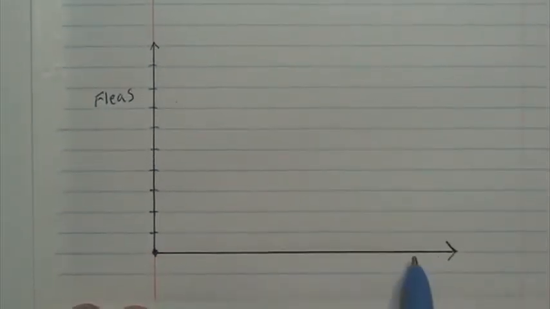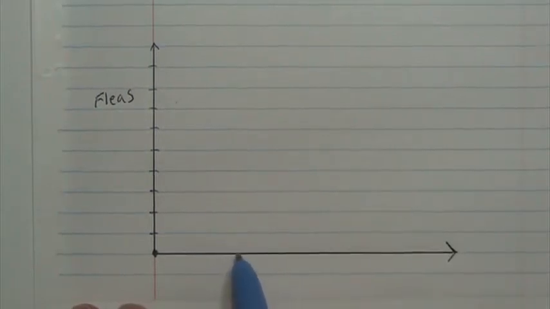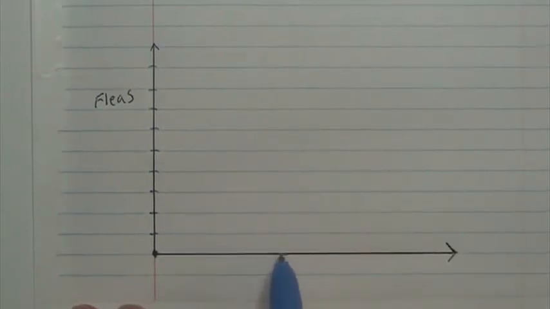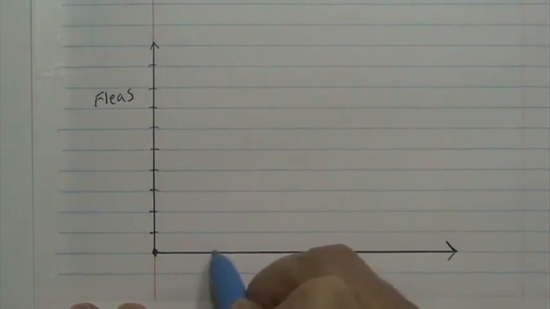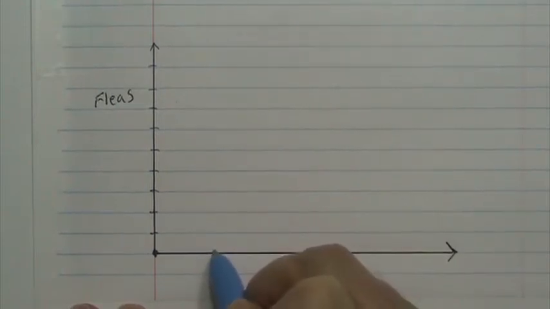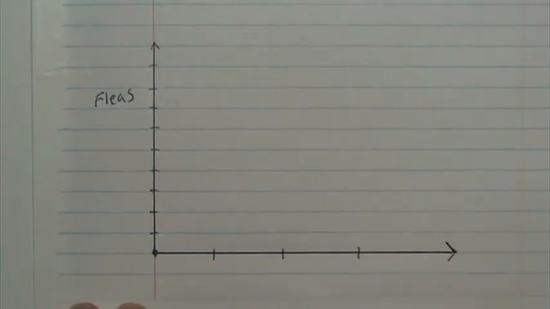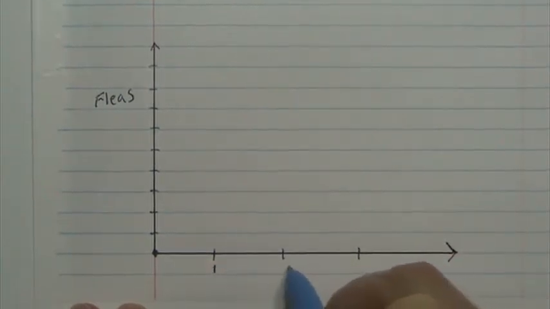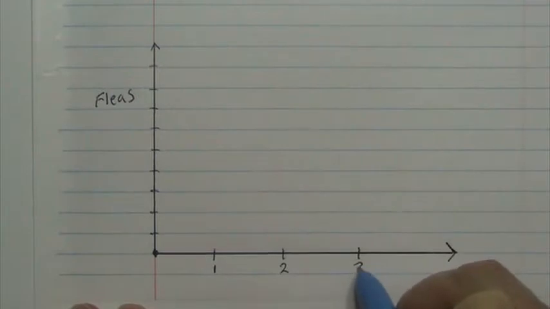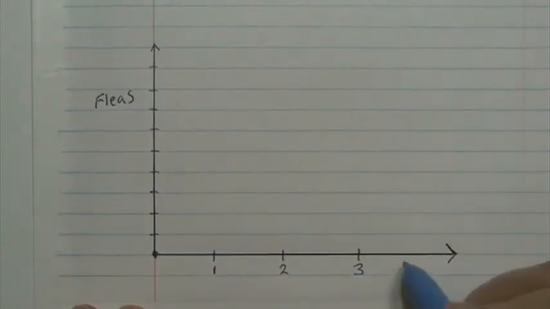So this is actually kind of a little bit longer. And I'm going to put 3 marks here. Kind of spread it out, 3. Because we're only going to do 3 days. Day 1, day 2, day 3. All right, and this is going to be days.